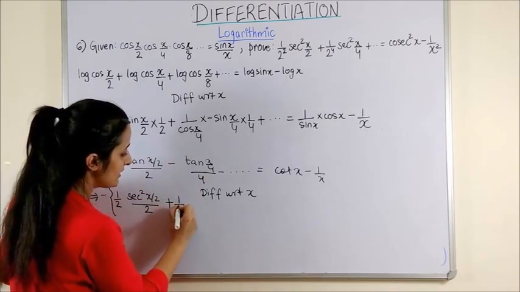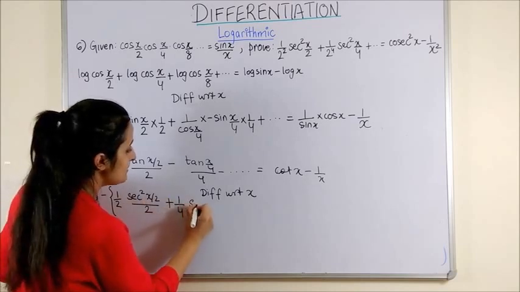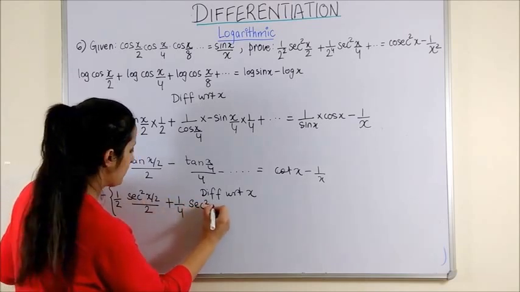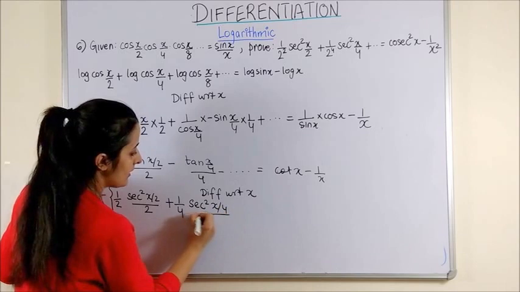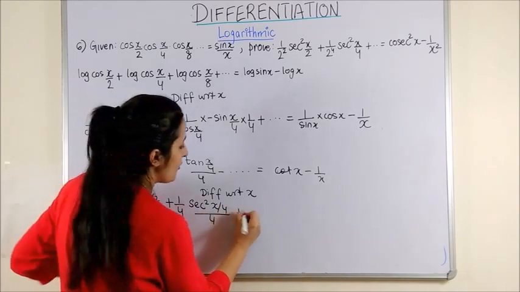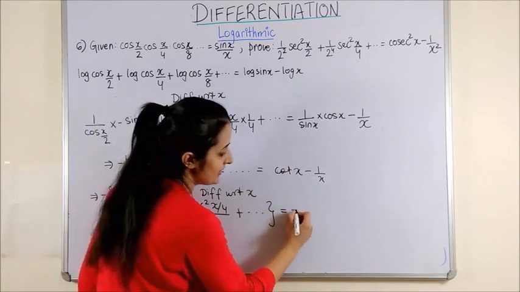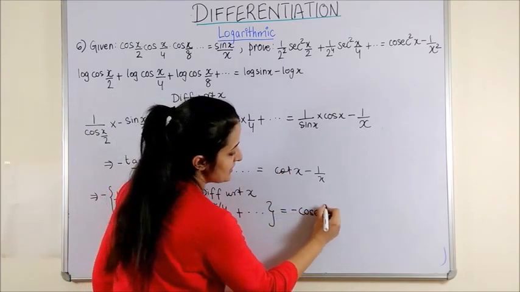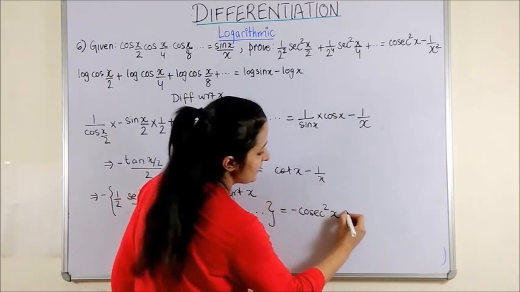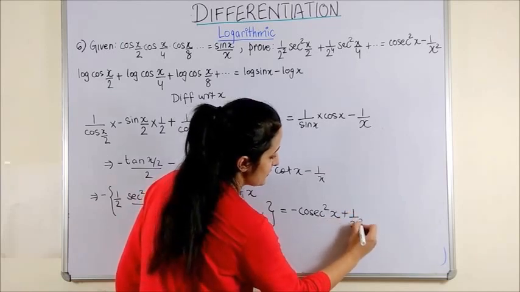Similarly, 1 by 4 is as it is, and this will be secant square x by 4 upon 4, so on and so forth, and your right side gives us the derivative of cot x as minus cosecant square x, and this one gives us plus 1 by x square.